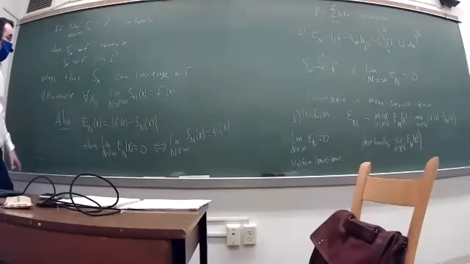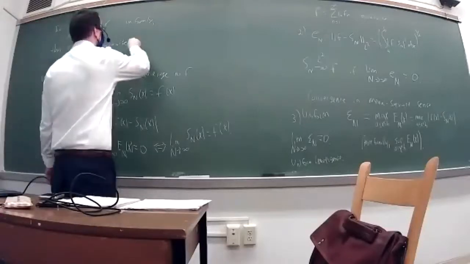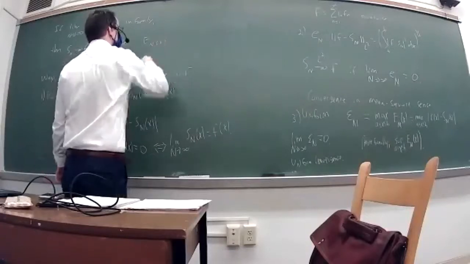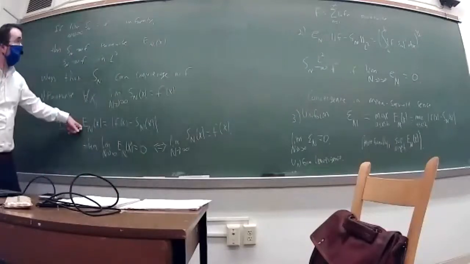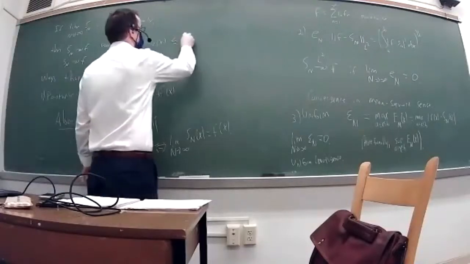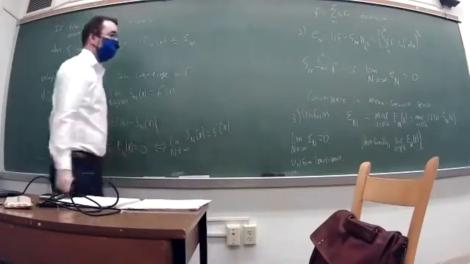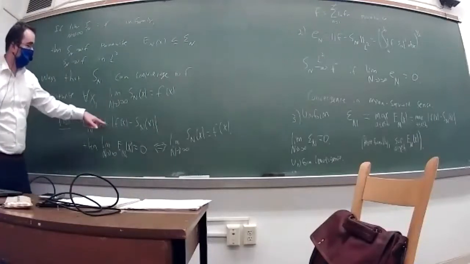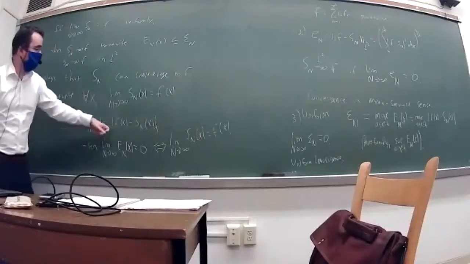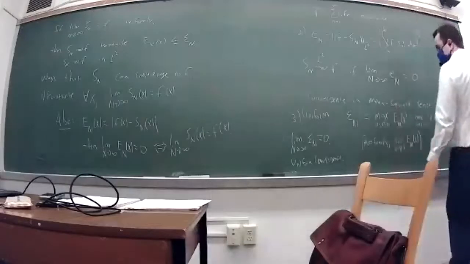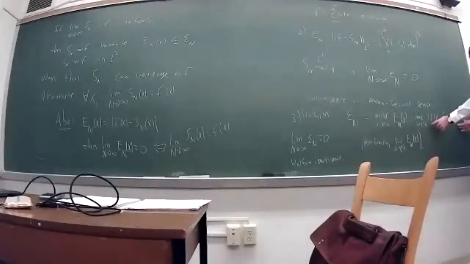And how can you show that? Well, certainly you can argue this really quickly. The pointwise error for any x is always going to be less than the uniform error, because this difference, pick an x, look at that difference, it's certainly going to be less than the maximum difference for any x.